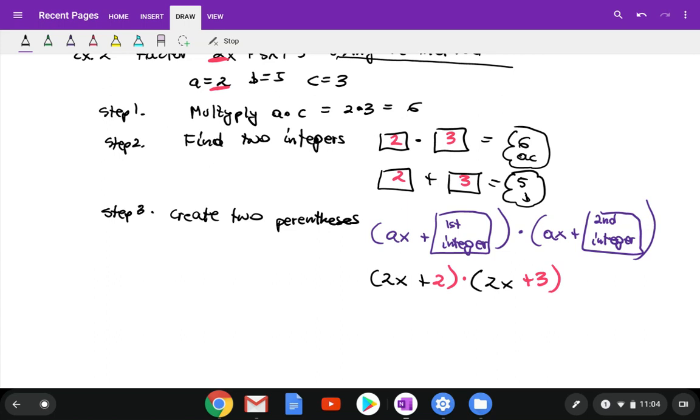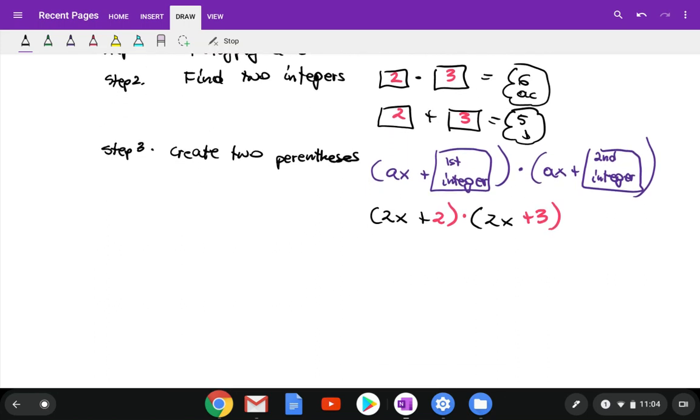So again, don't stop here because that's not the end. Since you have a leading coefficient a, a number different than 1, you have to continue. So step 4, what we need to do is factor out the GCF from each parenthesis, if you have one.